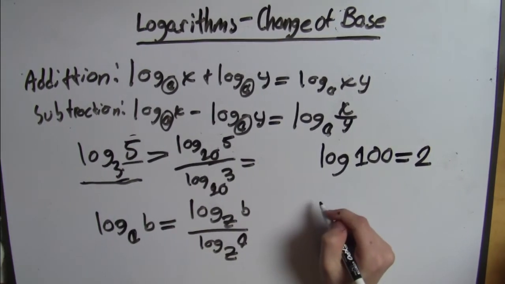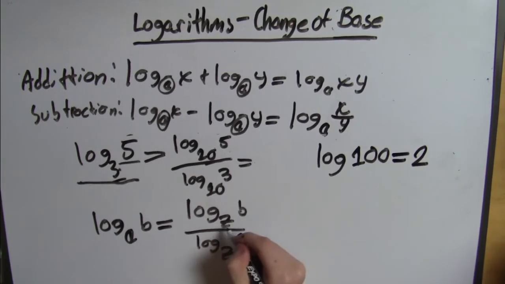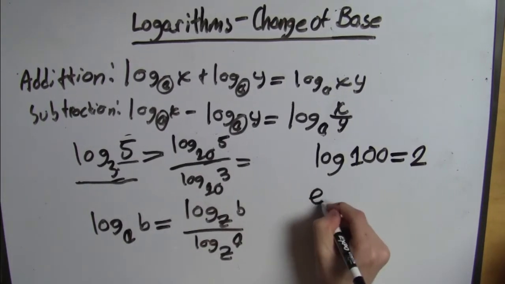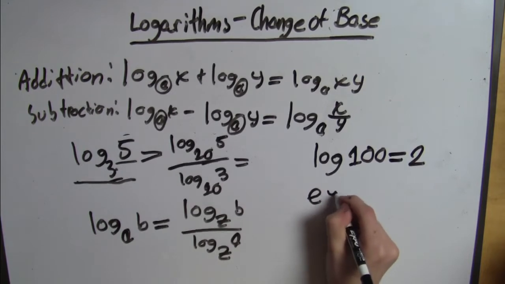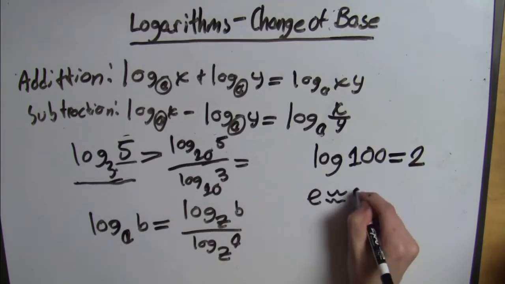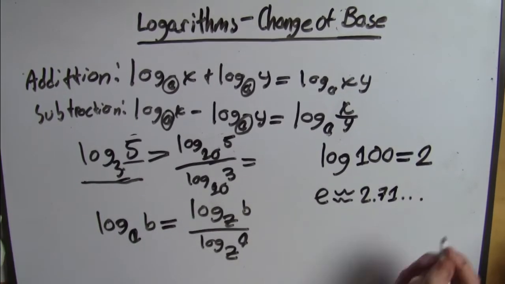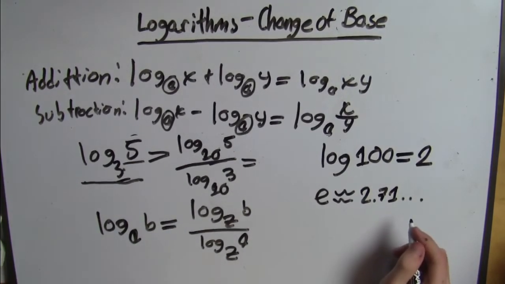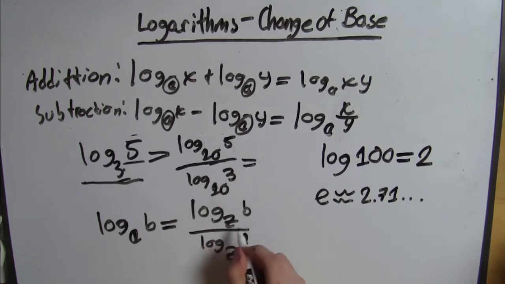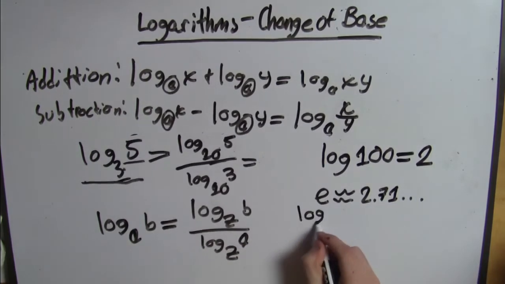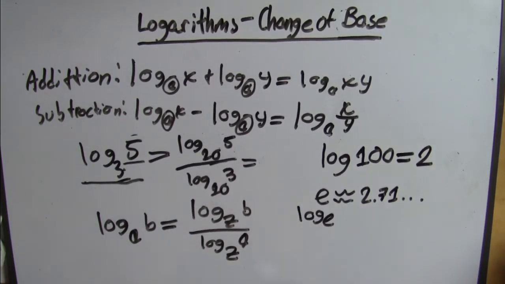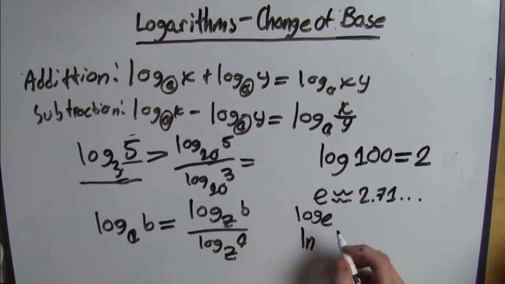The other common base for this is e. And e is kind of like pi, right? It's a number that repeats on for infinity. It's about 2.71, and it goes on forever. And you'll commonly see it used as a base, right? So log base e. This will also have a different way of writing it, which is called ln, right? And ln just means the same as log base e. It's just a different way of writing it.